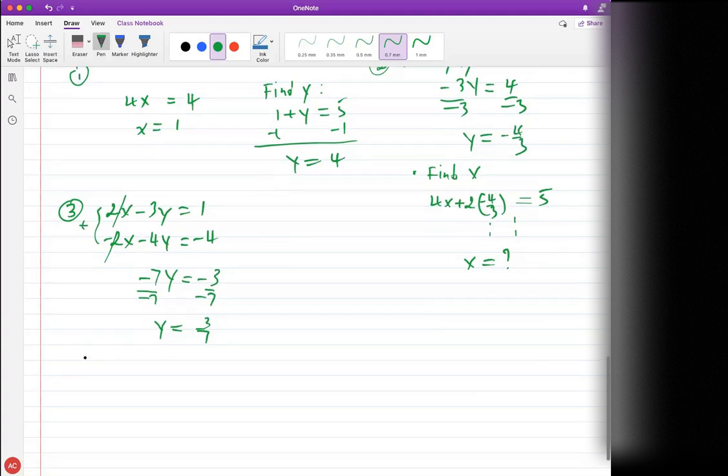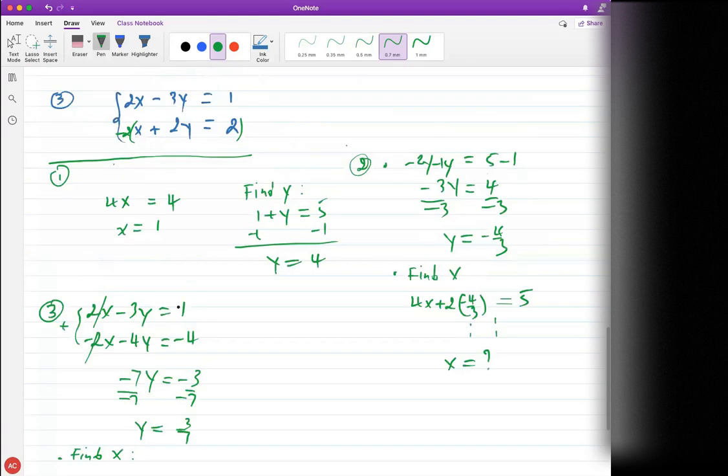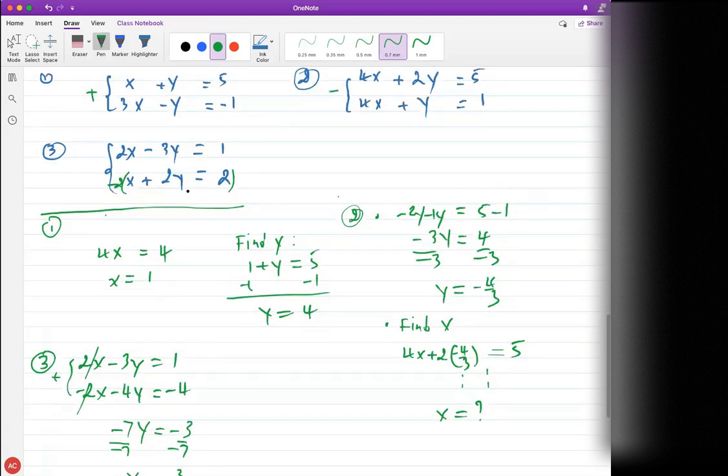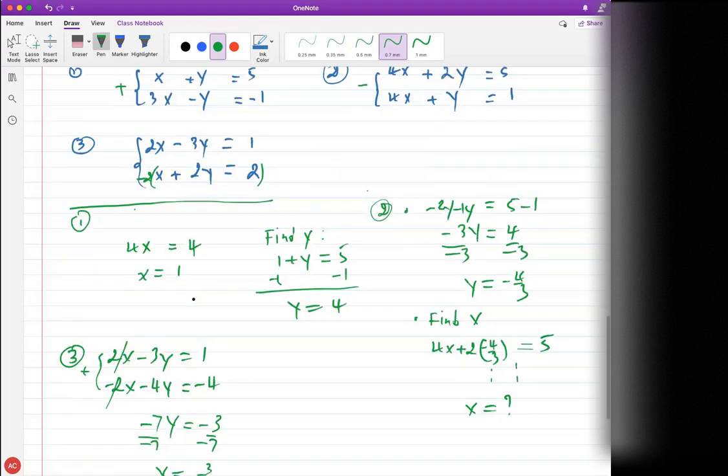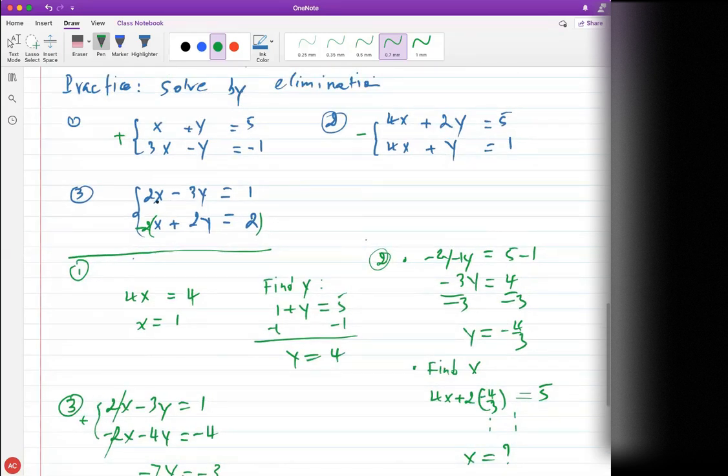So we have y. We need to find x. We're going to plug this y into either this or this. It doesn't matter which one you use; you've got to plug y into one of the equations. Let's do it in the second one.